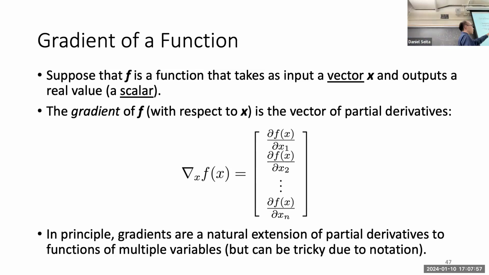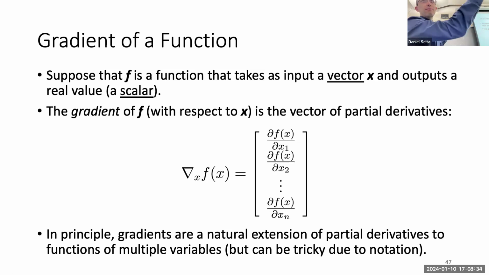So the gradient with respect to x is this vector of partial derivatives. By the way, this is how we write the notation. If you're using LaTeX, the nabla is how you would type it out. So it's this vector of all the partial derivatives, where you have f of x and then you differentiate it with respect to x1.